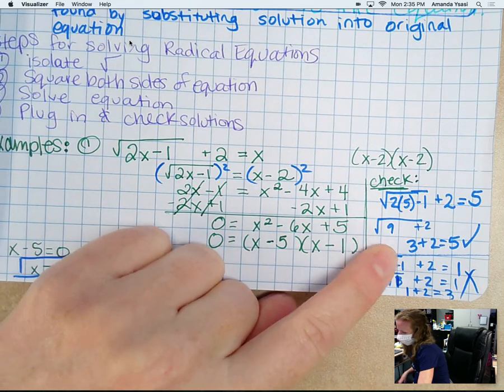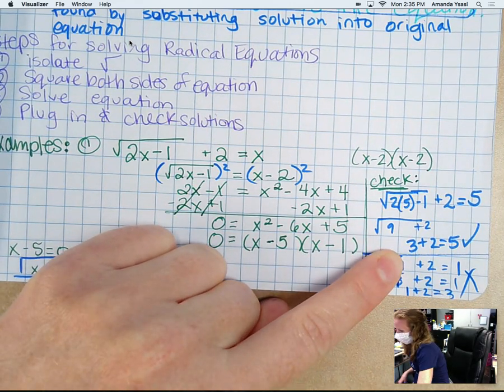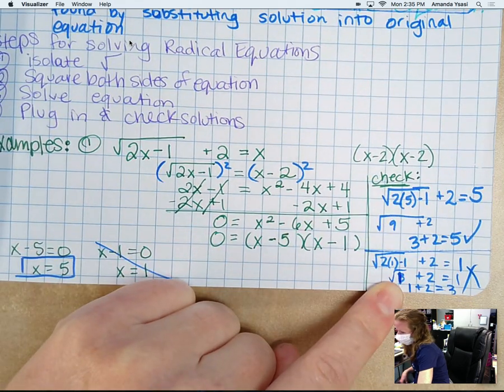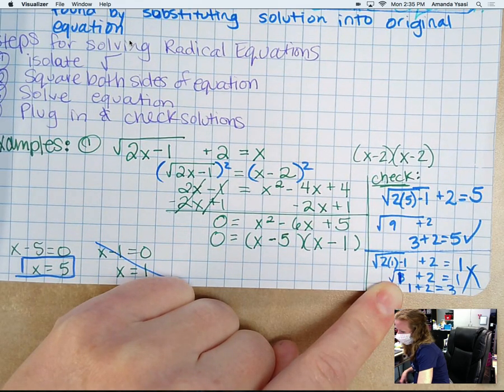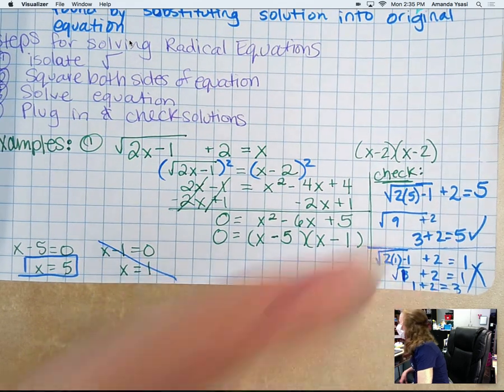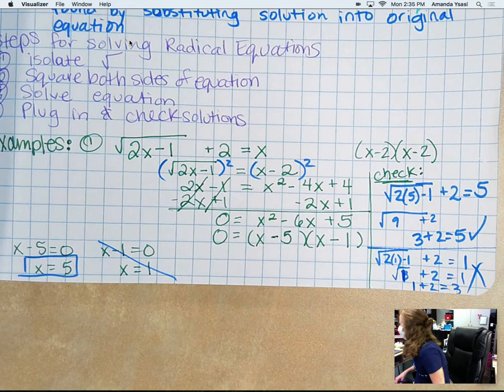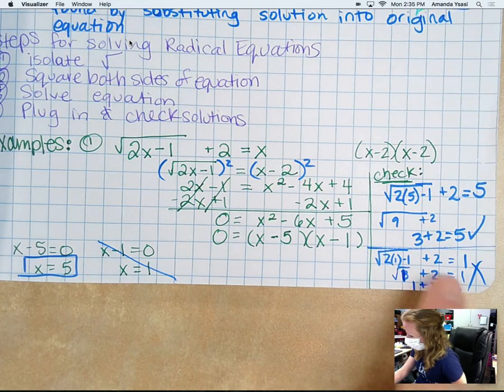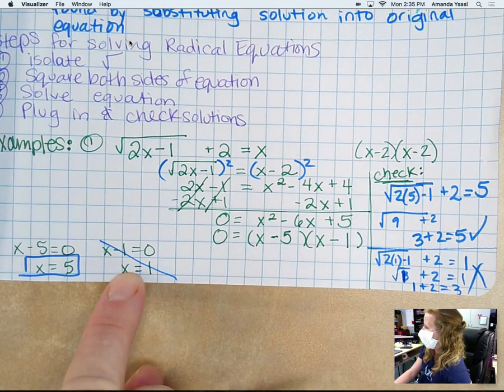If you take the negative, then it would be negative 1 plus 2. So that's why it gives it as a solution here, but it doesn't actually work when we plug it in.